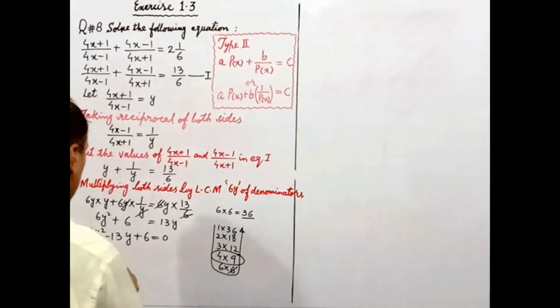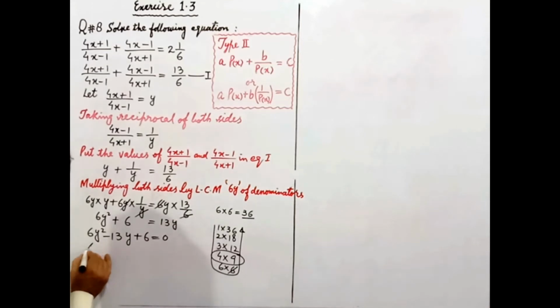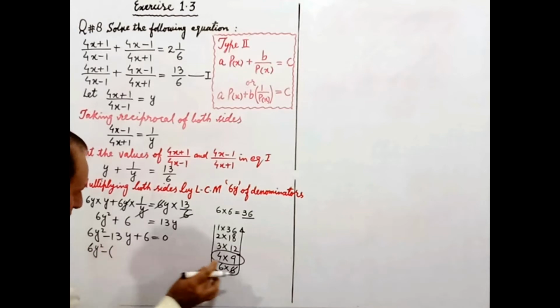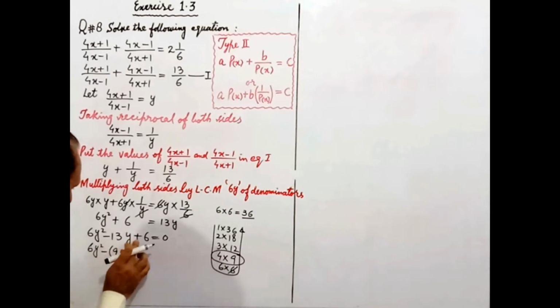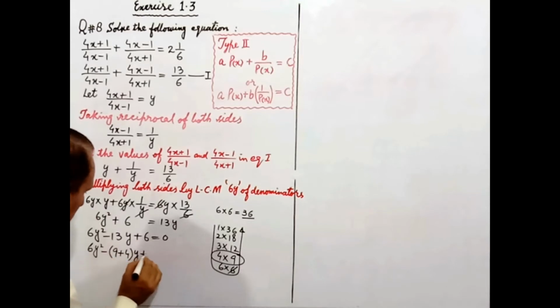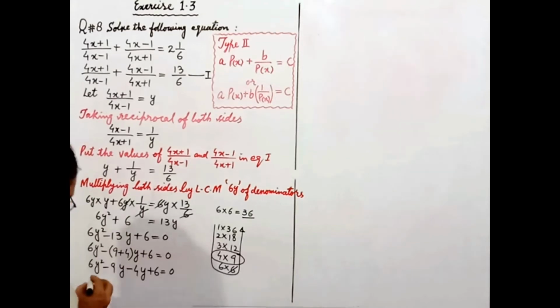So we write 6y square minus, in place of 13 we write 9. As the last term sign is plus, it means we have to write the sum. So (9 plus 4)y plus 6 is equal to 0.